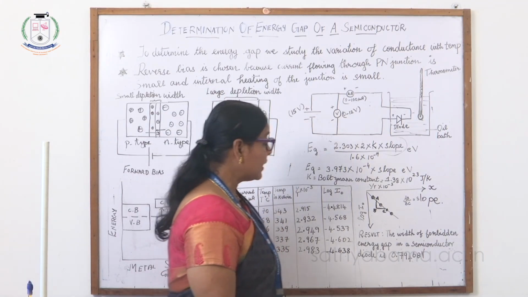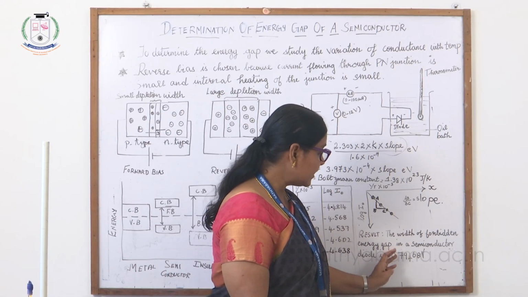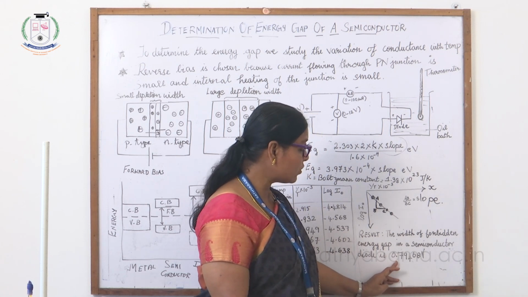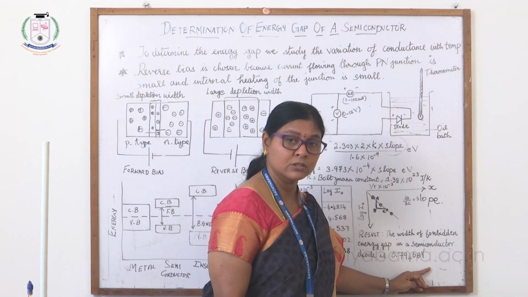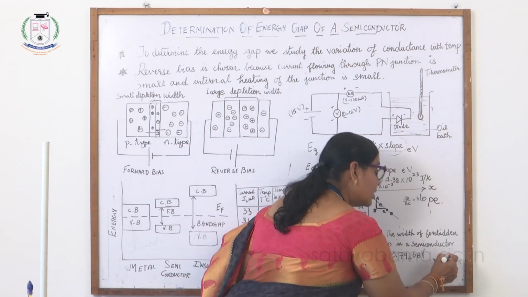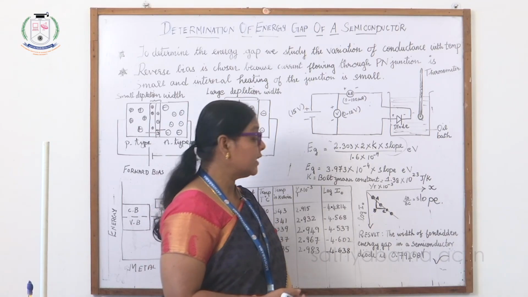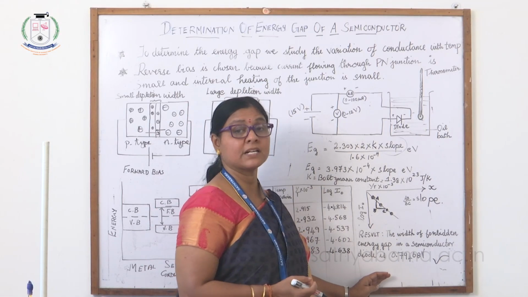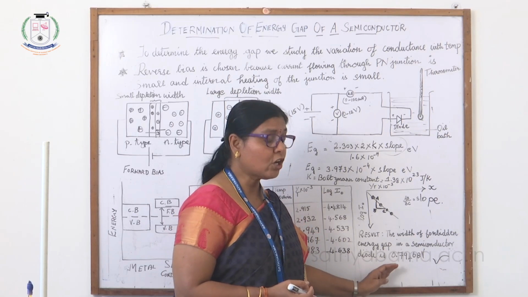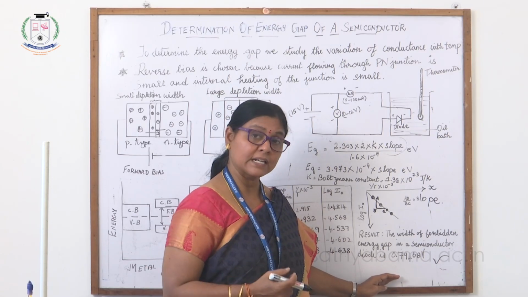Now my answer comes to around 0.794 electron volt. This is the value of the energy gap that has to be provided to this semiconducting material in order to make it conducting.